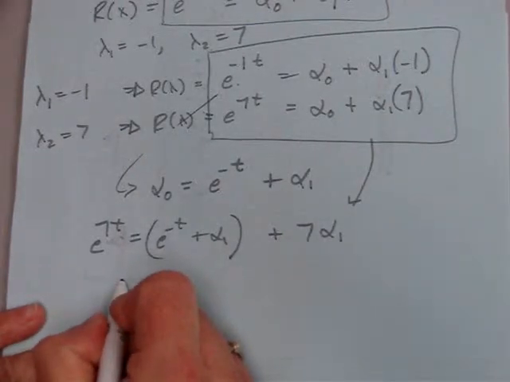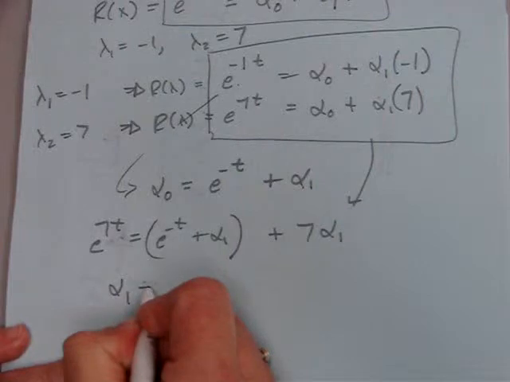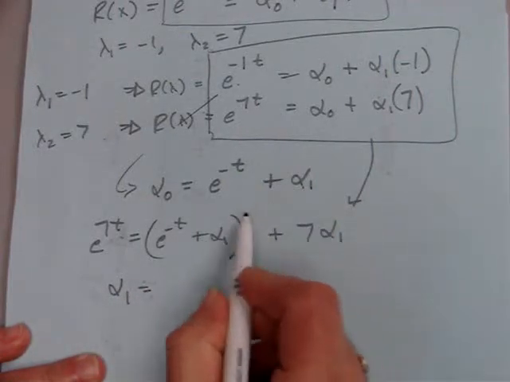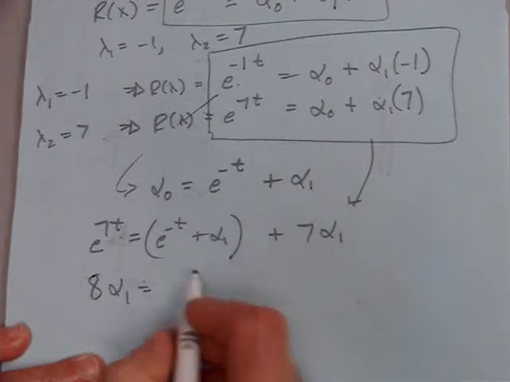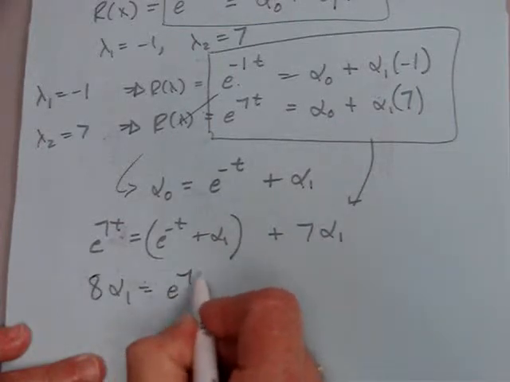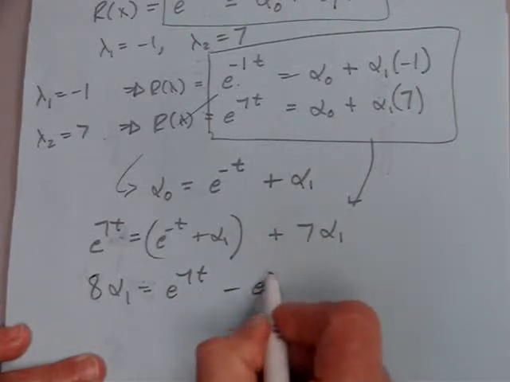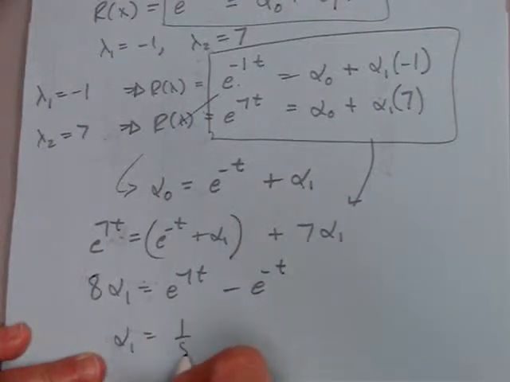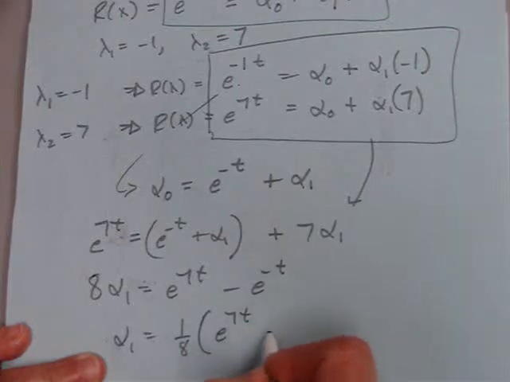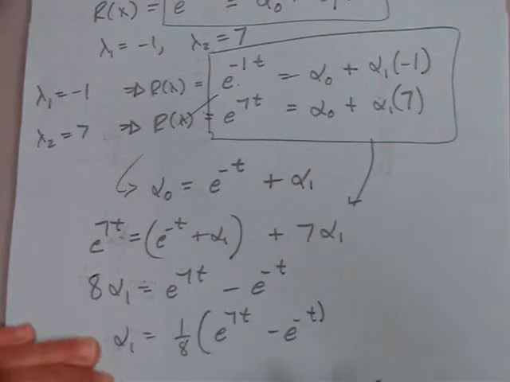Solve this for alpha 1. Rearranging sides here, 8 alpha 1 equals e to the 7t minus e to the -t, and so alpha 1 is 1/8 times (e to the 7t minus e to the -t).